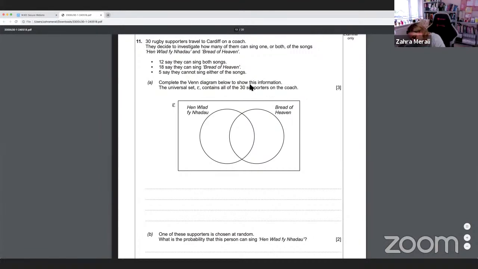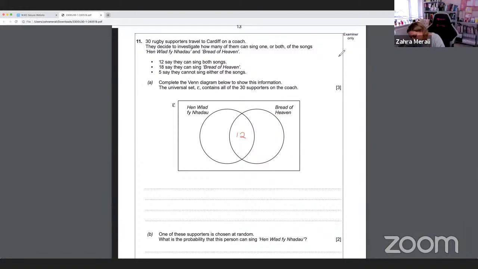So in that bit in the middle, we're going to write 12. 18 say they can sing Bread of Heaven. So that means this circle over here has to add up to 18. So we've already used 12. So how many more do we need? We're going to need 6 more here.